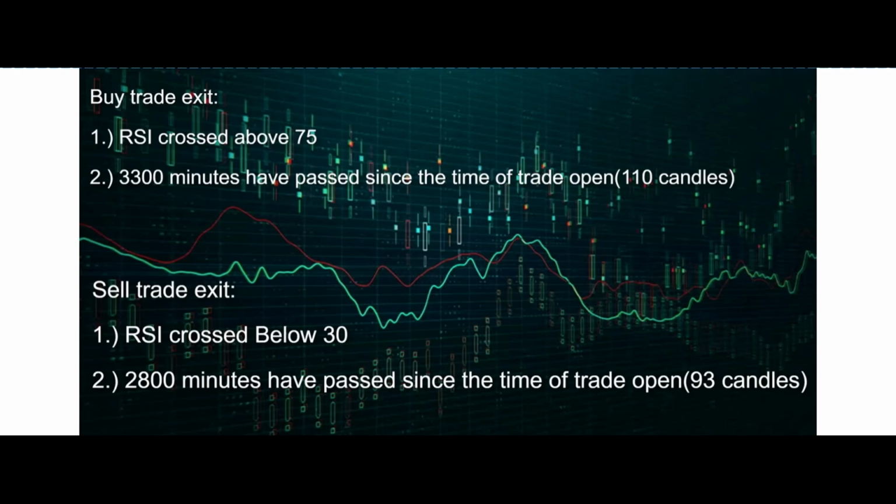Let's see the sell exit. Now, the sell exit is just as simple. The RSI should cross below 30, and approximately 93 candles have to pass since the time of the trade open. Now, this part is really, really important, and believe me, I tested thousands of strategies, EAs.